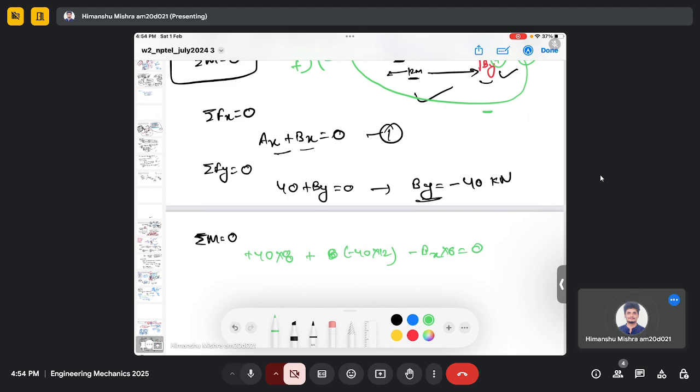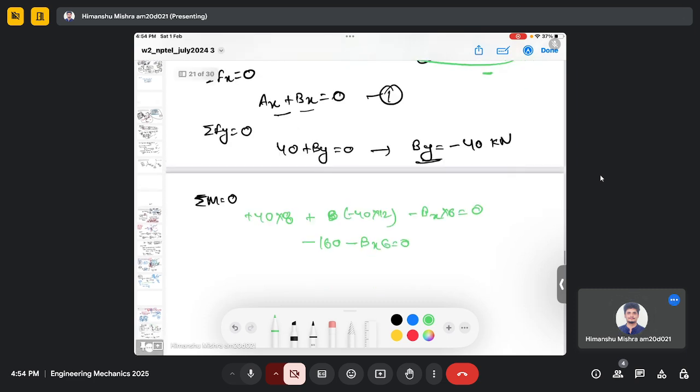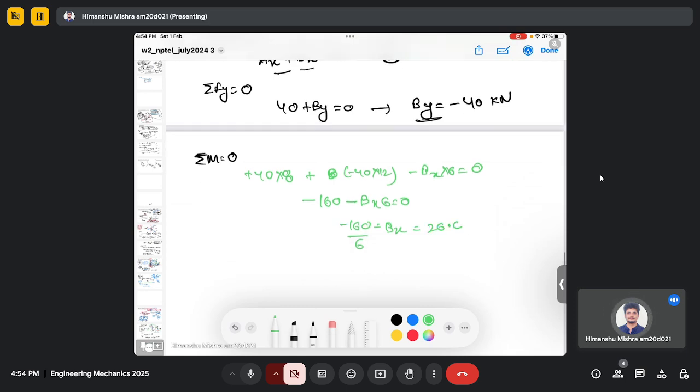So it will give you minus 160, Bx times 6. So Bx is minus 26.6 kilonewton.